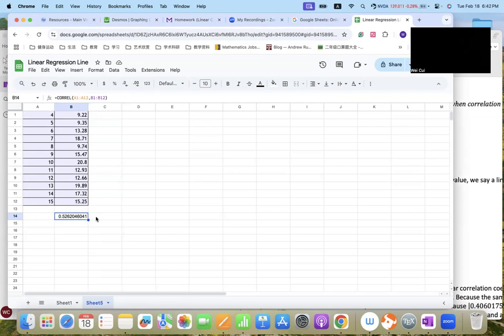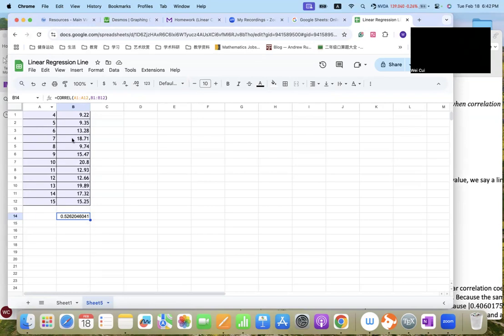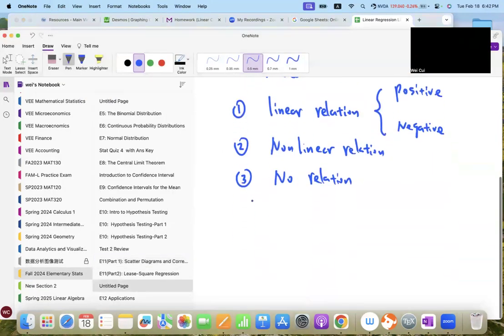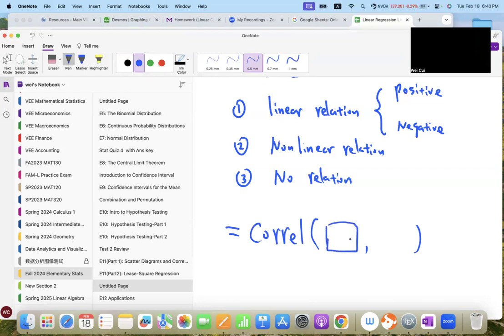Right after we copy the data to the Google Sheet, the command we're using is this one. Inside the parentheses, you want to enter where you saved the X values, the predictor, and where you saved the response.